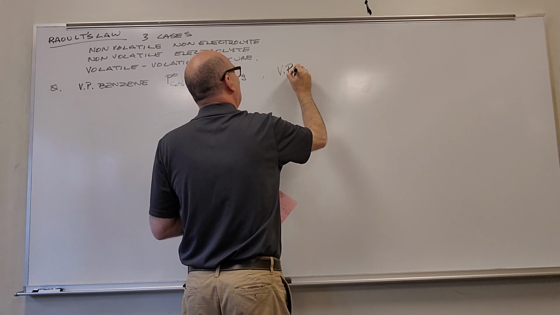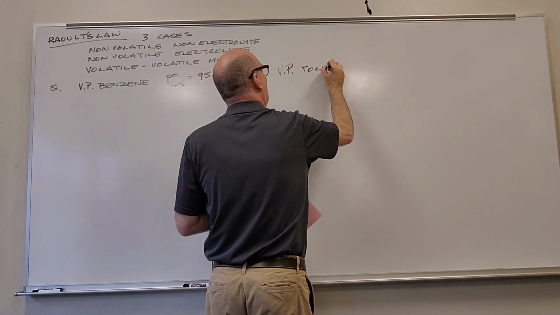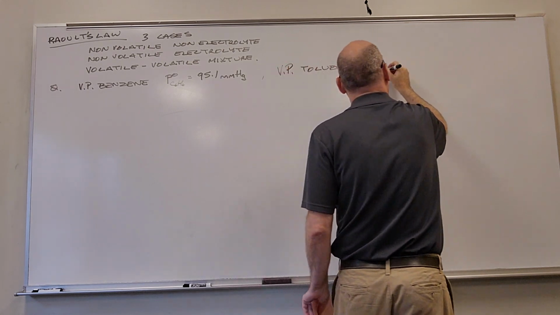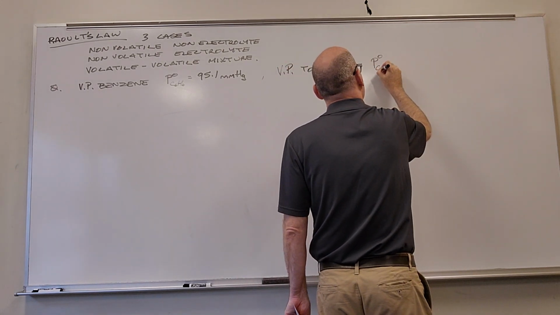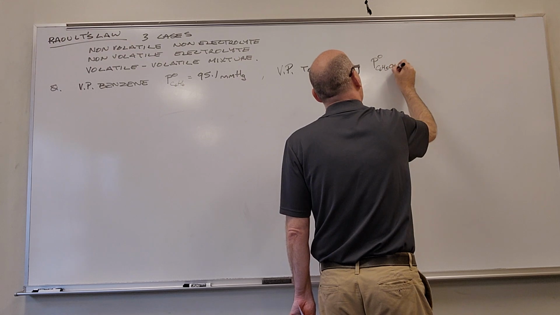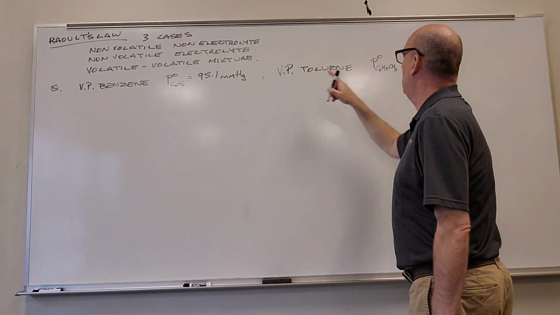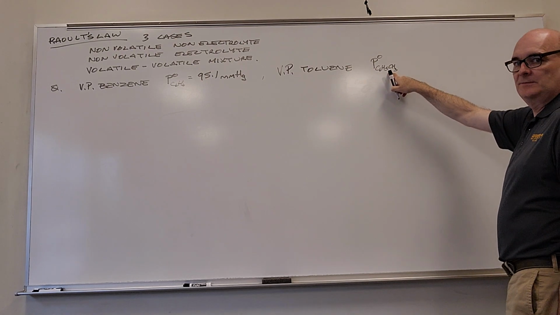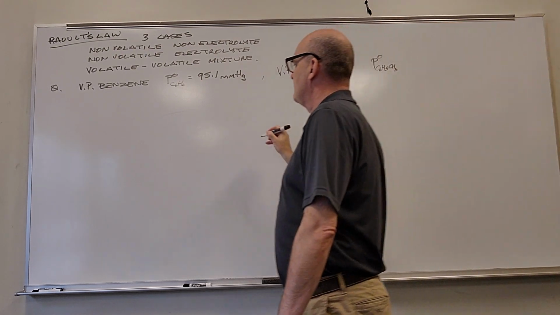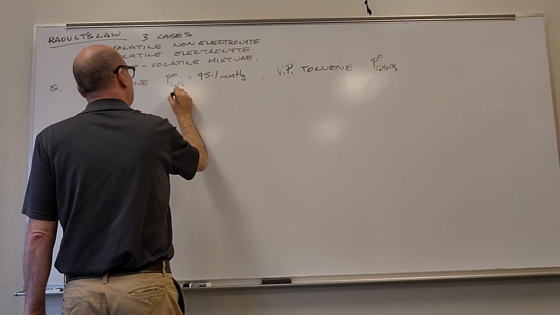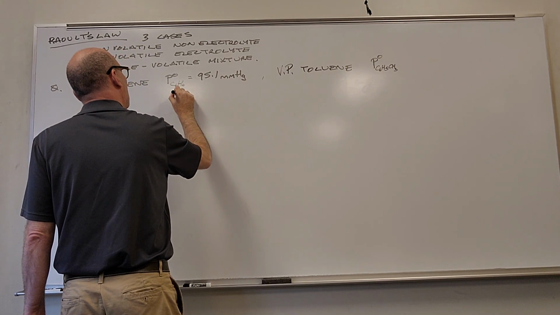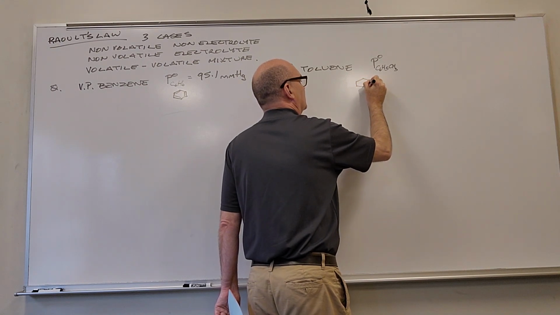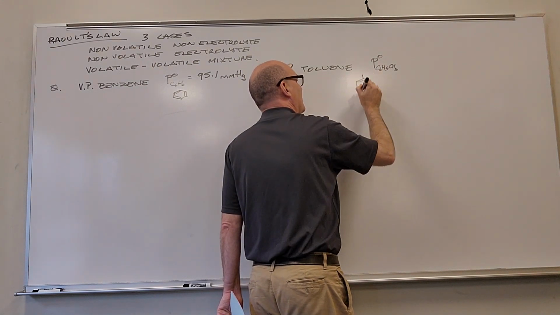And the vapor pressure of toluene, which we will call P0, C6H5CH3. So condensed formulae here tell us kind of what the structure is. Benzene is this fella, and toluene is that fella.